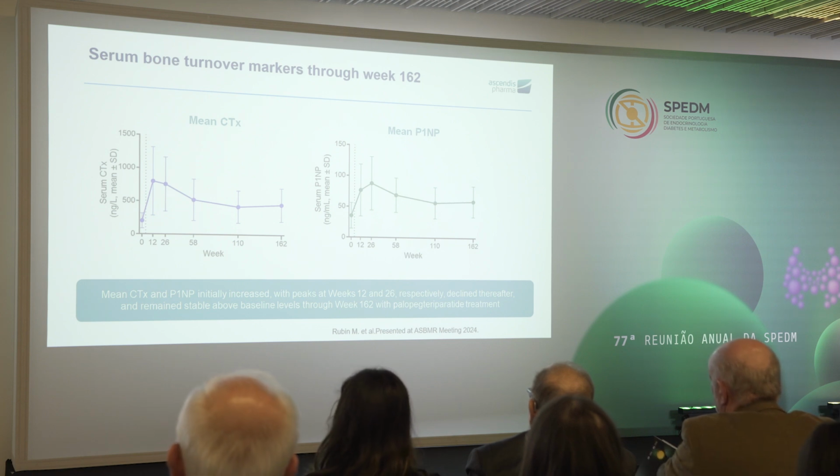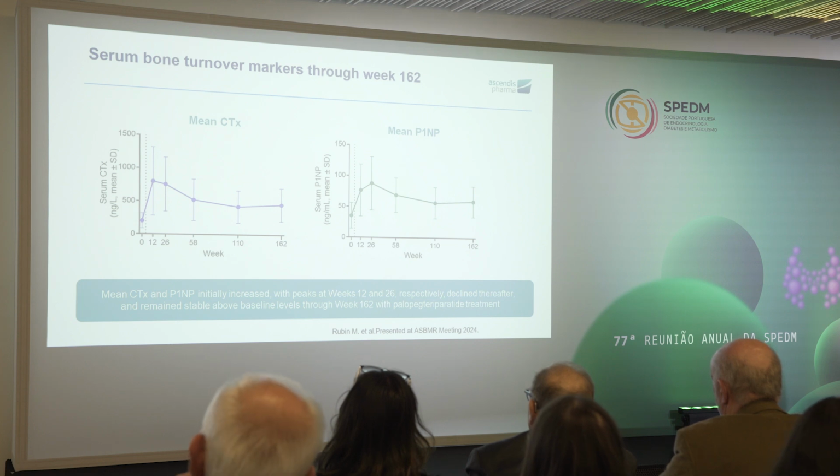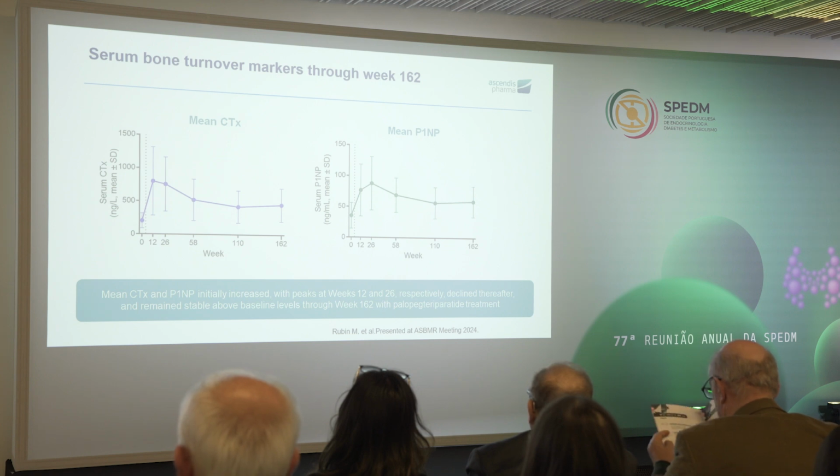What one can appreciate is that the bone resorption marker, CTX, and the bone formation marker, P1NP, initially increased. You can see when they reach their peaks here at week 12, here week 26, but they remained above baseline levels through the trial period.